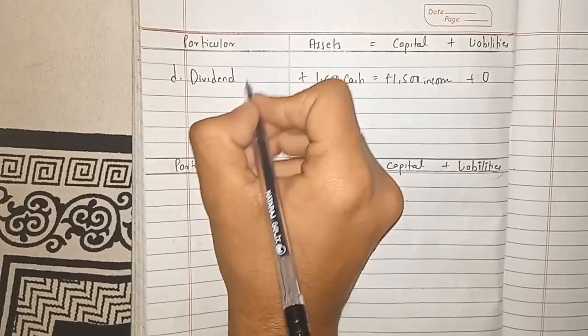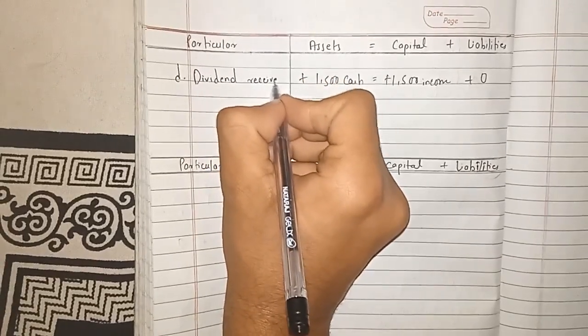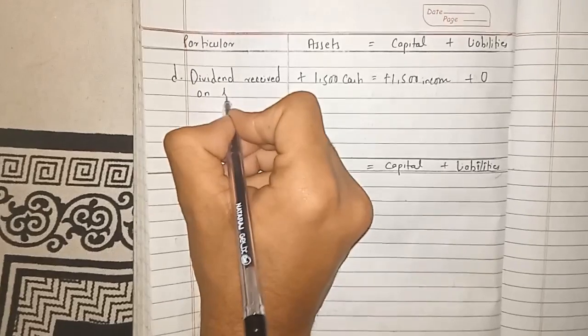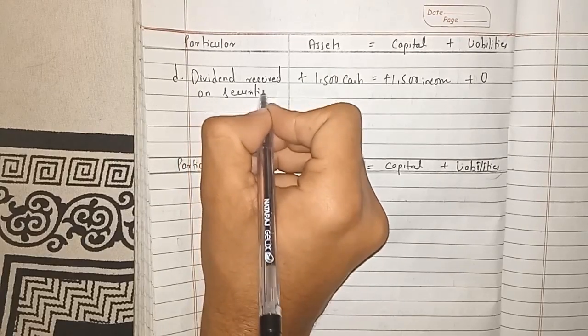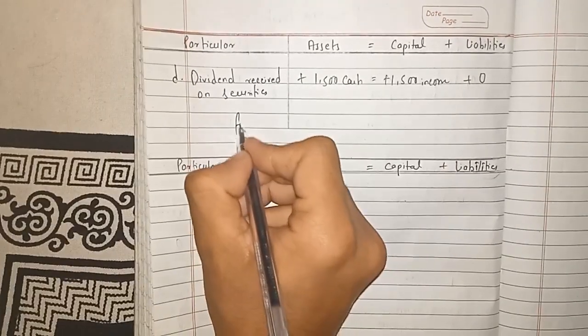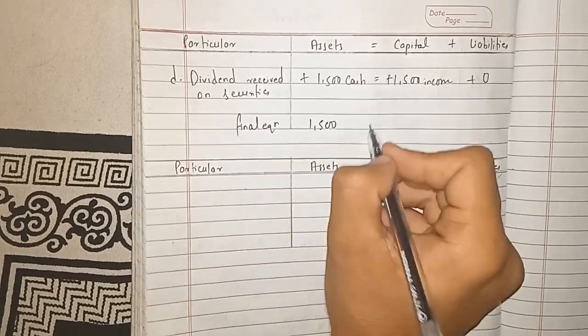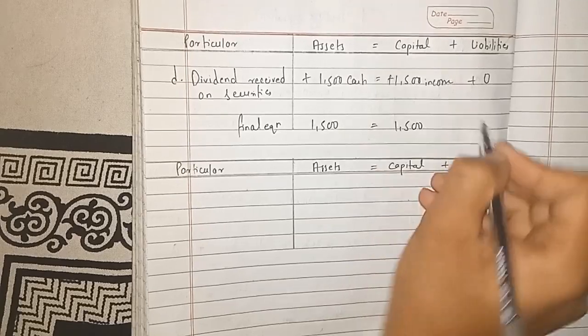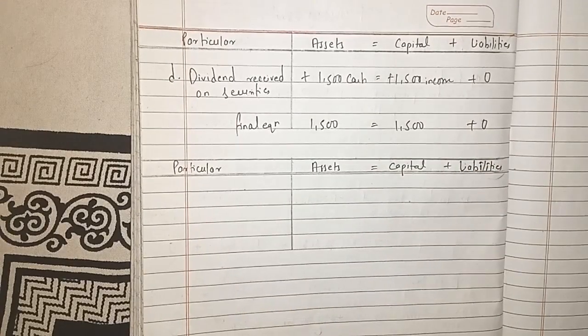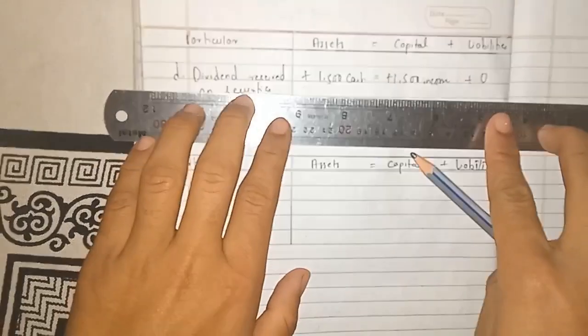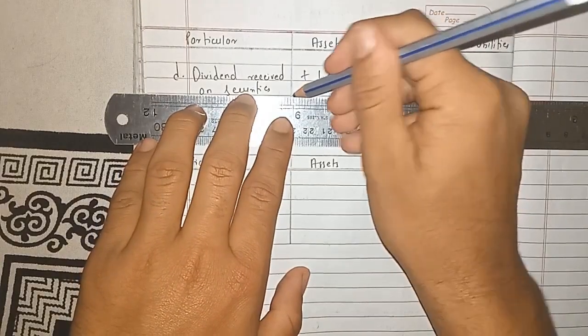Dividend received on securities, and our final equation will be 1,500 is equal to 1,500 plus 0. Let's draw a line here.